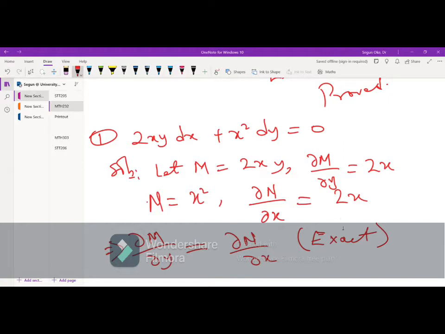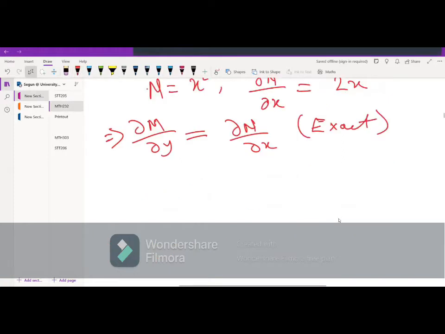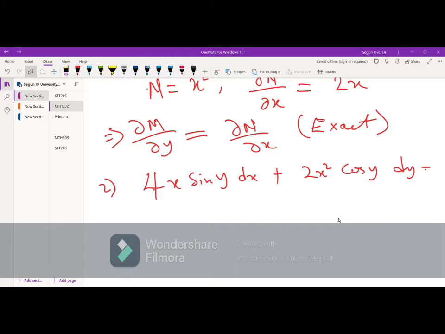Okay, let's try another one. Number 2, let's try this one. 4x sin y dx plus 2x squared cos y dy equals 0. Our M in this case is what? Anybody? 4x sin y.